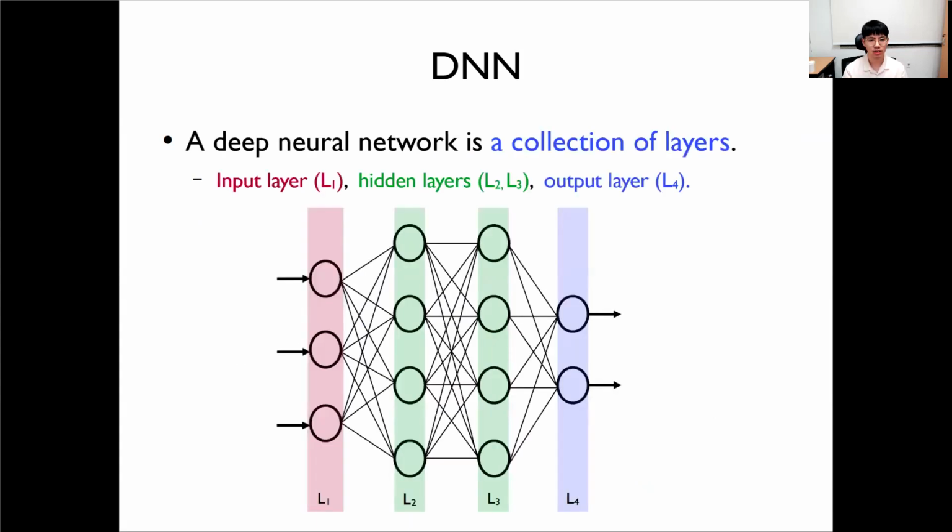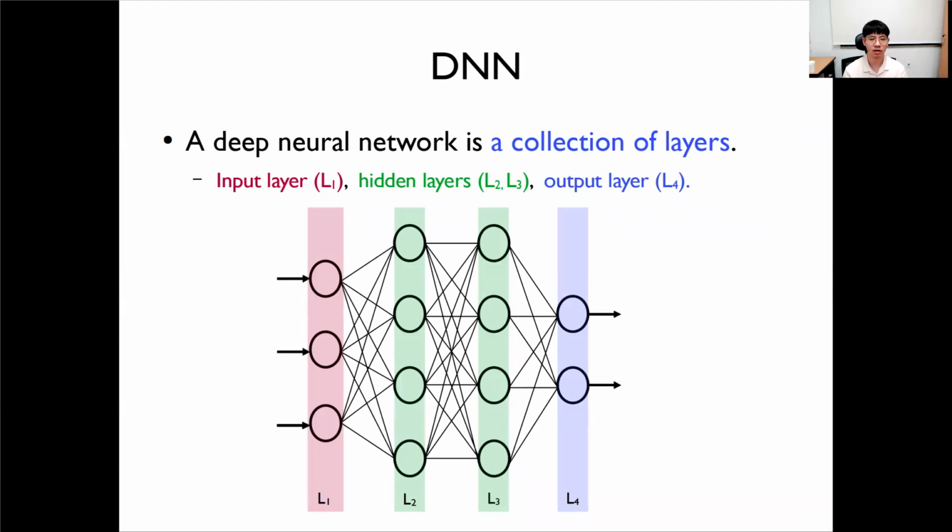So first, a deep neural network consists of a set of layers. And there are three kinds of layers: the input layer, hidden layers, and the output layer. The first layer corresponds to the input of the DNN.